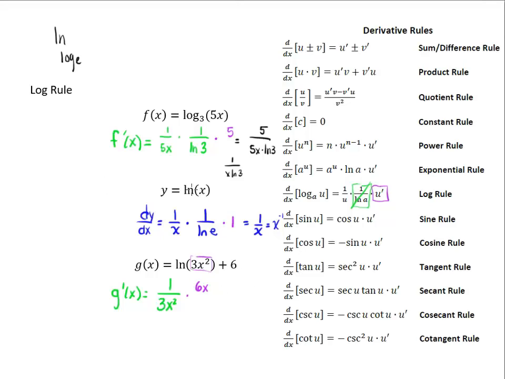So our final answer here is we've got 6x over 3x squared, which 6 over 3 simplifies to be 2. This x cancels out one of the x's on the bottom, and our answer is 2 over x. And that is the general log rule intermixed with the special case when the log is base e, or natural log.